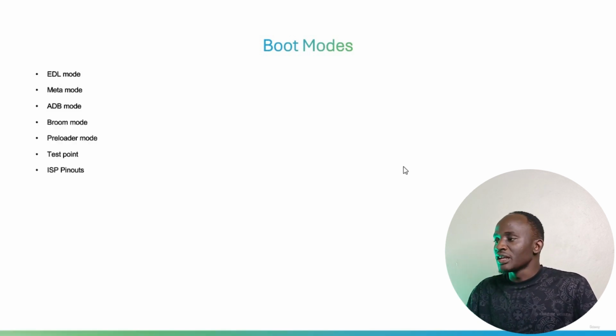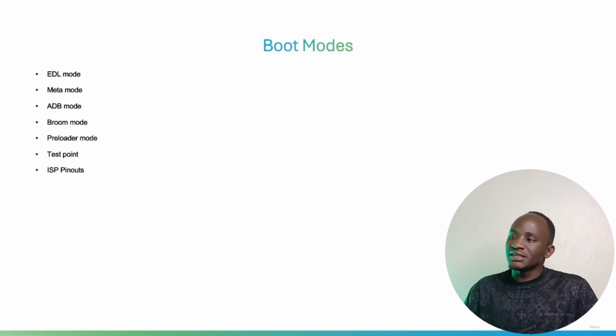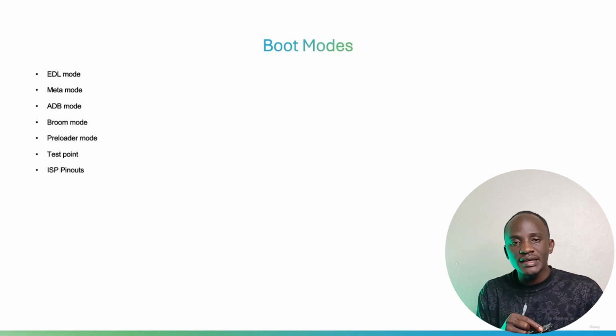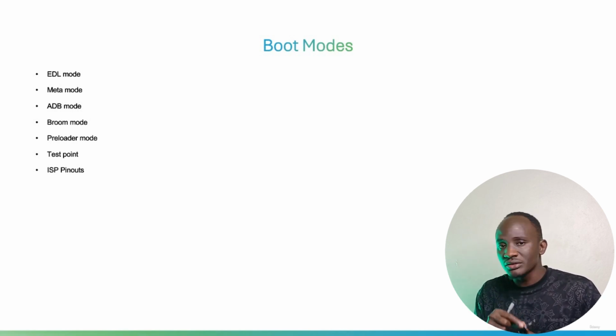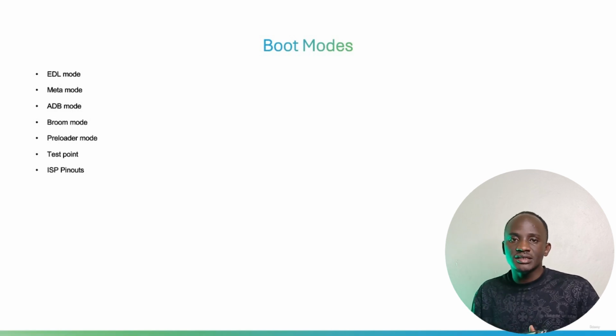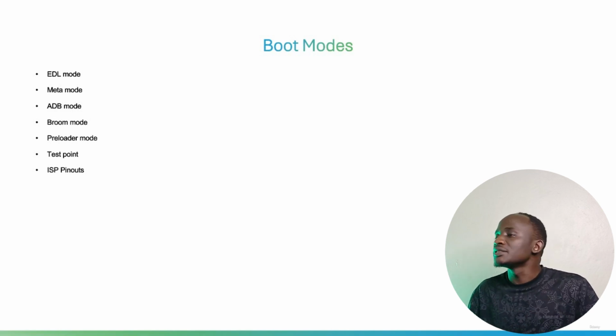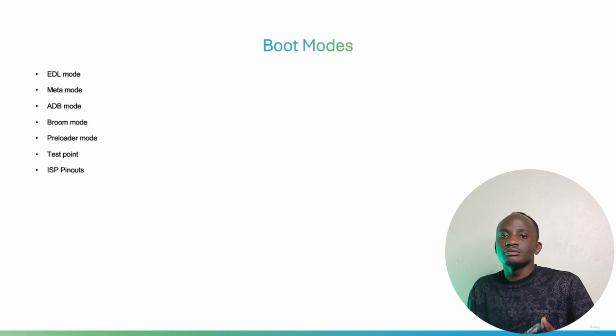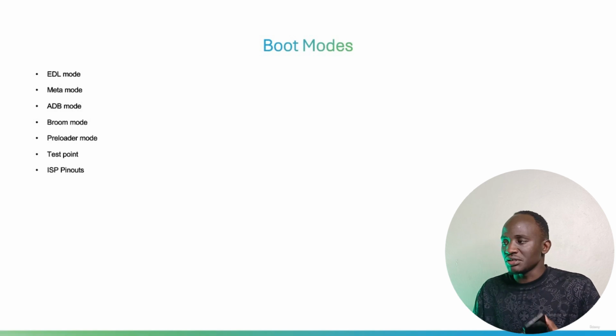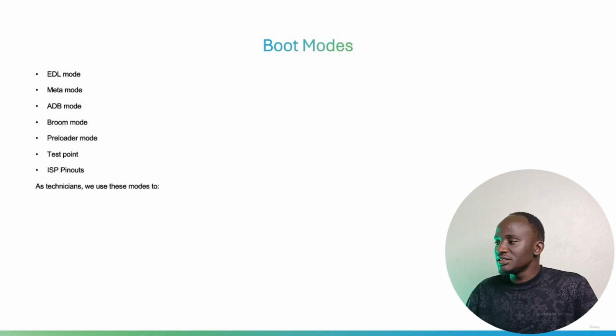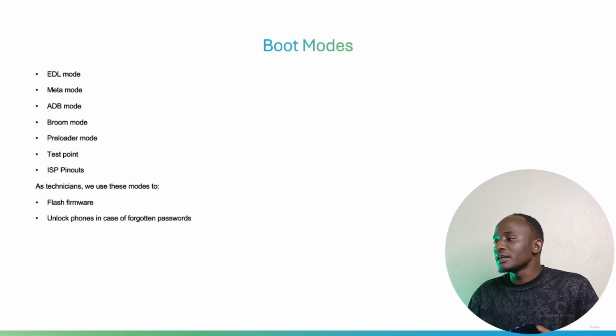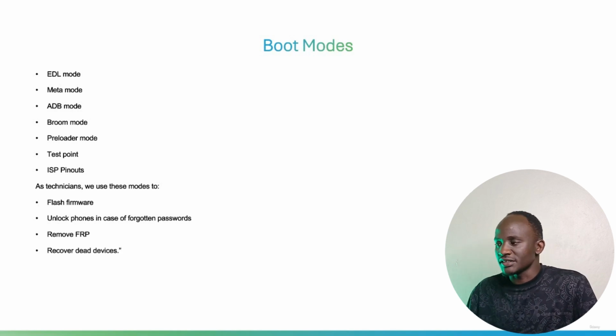Then we have ISP pinouts, which are small wires connected to specific points on your motherboard and then inserted into a hardware box that then connects to the software. If you followed me along, you probably have seen me do ISP procedures. As technicians, we use these modes basically to flash mobile phone firmware, unlock phones in case of forgotten passwords, remove FRP, and recover dead devices.